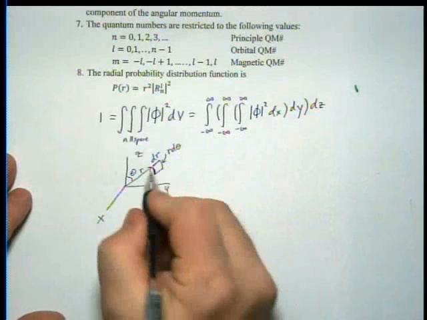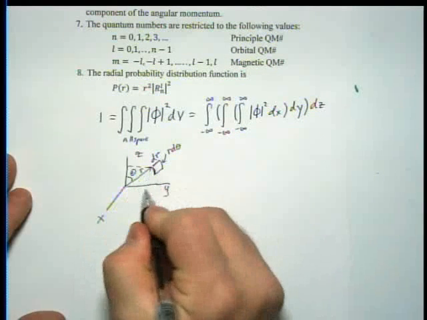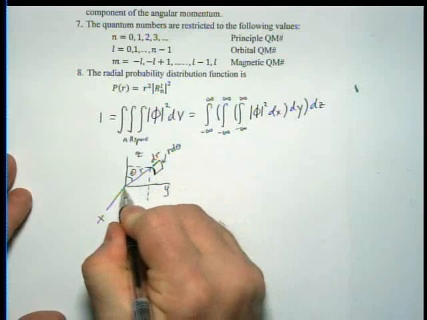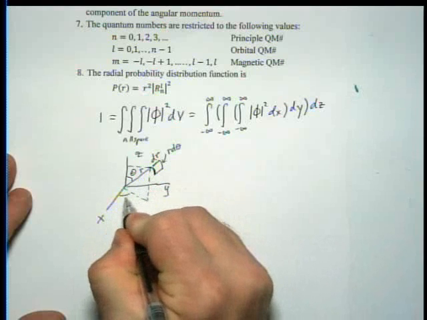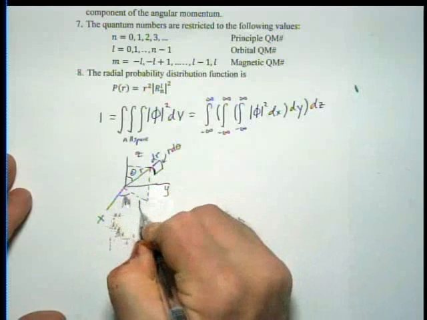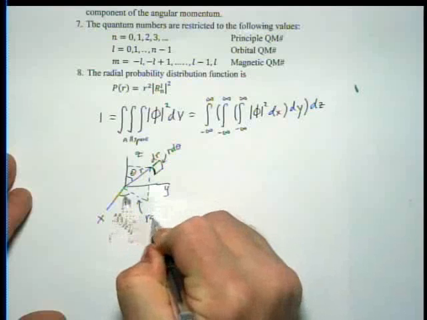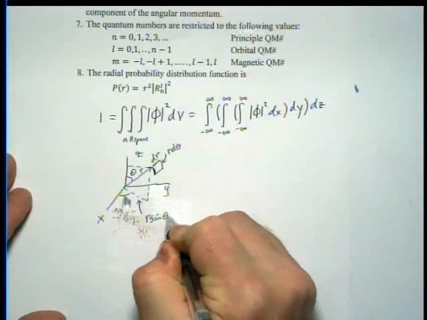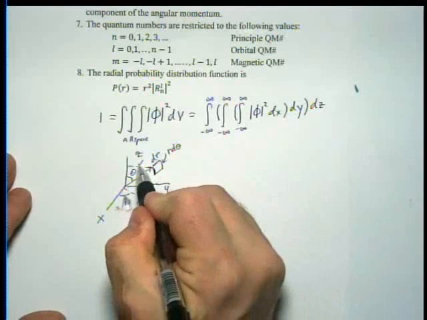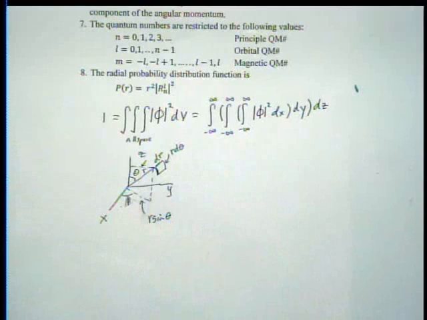And then you've got to look at the projection. I'll bring that down here. There's phi. That's r sine theta. Same as right here. It's the opposite side of the triangle.